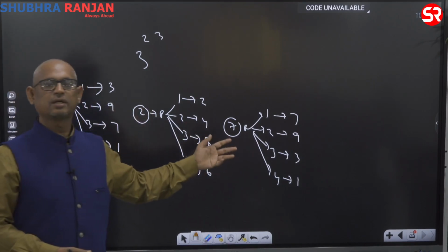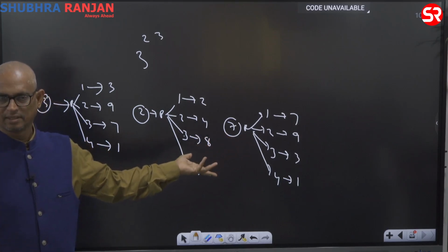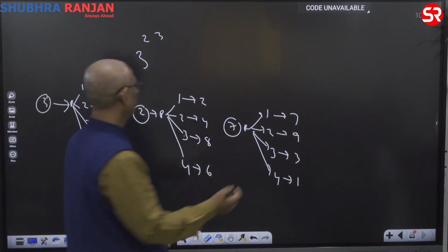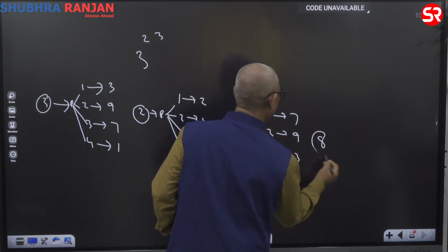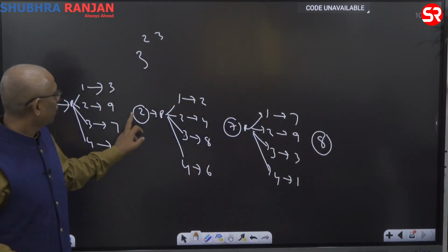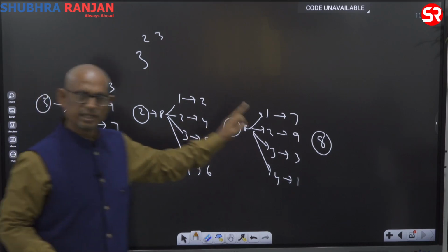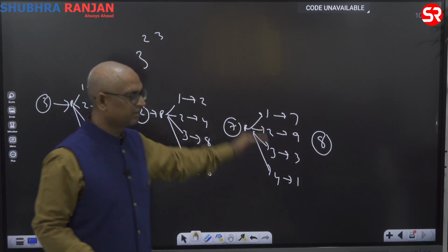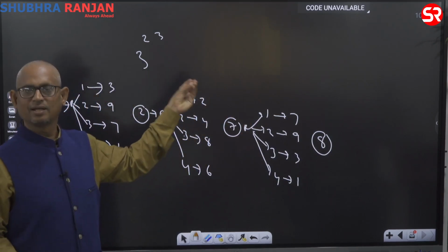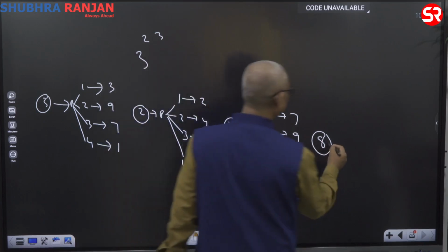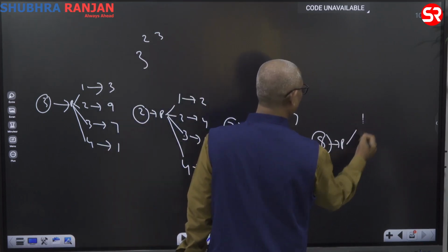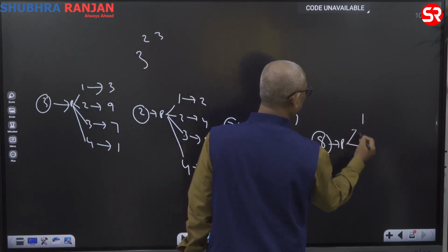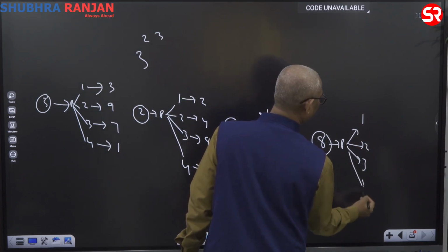Now which digit remains? 8 only. One more thing: whatever digits came for 2, the same digits come for 8 also. For 3, whatever digits come, 7 also has the same thing, because those are the linked digits. Now 8: power 1, 2, 3, 4.